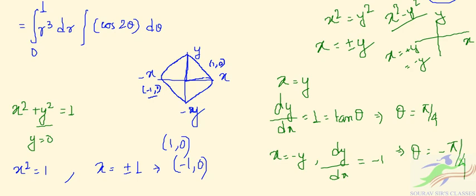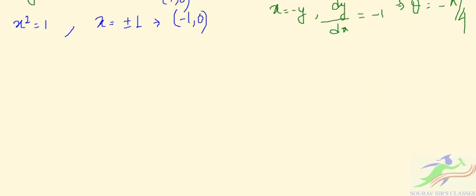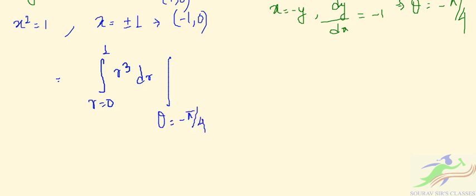So here r equal to 0, let me write it fresh. The integral is r equal to 0 to 1 of r cube dr, and theta we have known is from minus pi by 4 to pi by 4 of cos of 2 theta d theta.